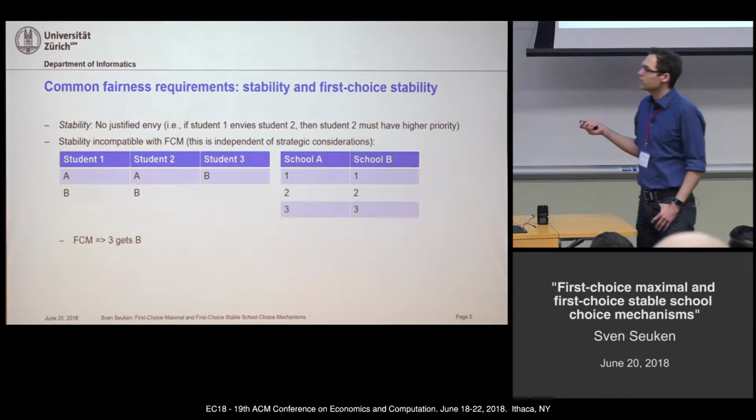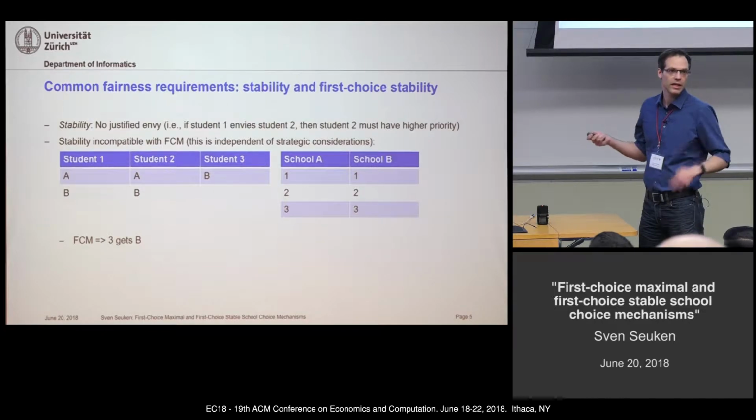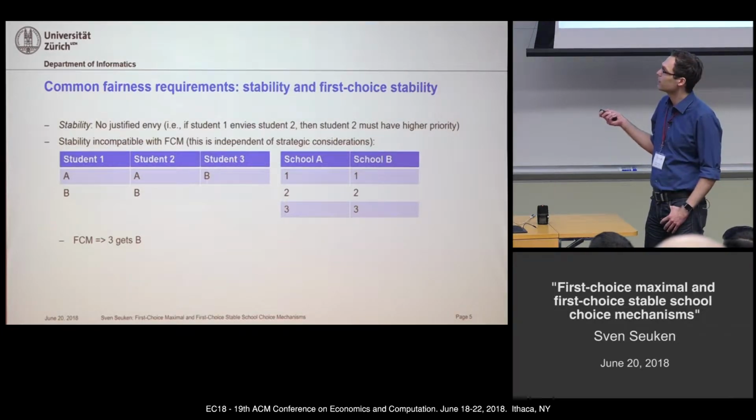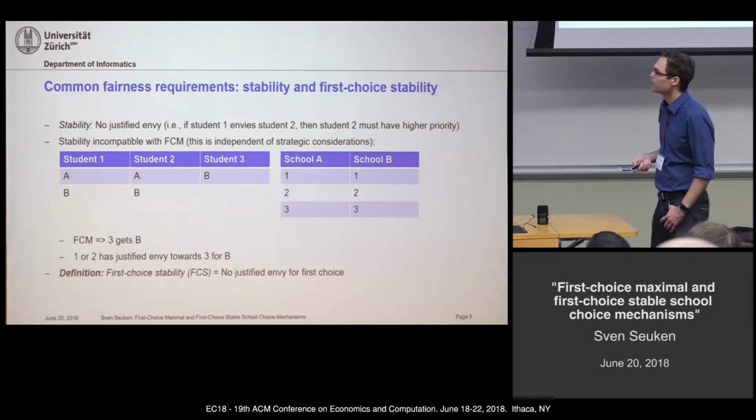By first choice maximality, to maximize the number of students that get their first choice, student 3 needs to go to school B. But then either student 1 or student 2 will not get any seat, because we can only put one student into school A, and that student who doesn't get a seat will have justified envy towards student 3, because student 3 is ranked last by both of these schools.